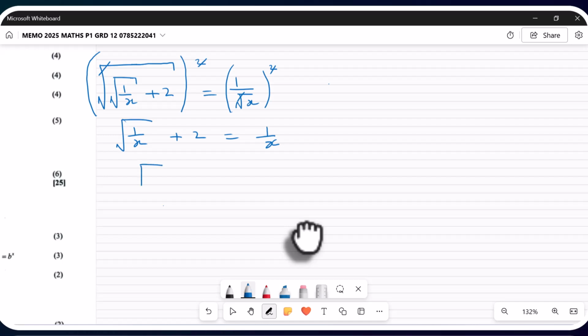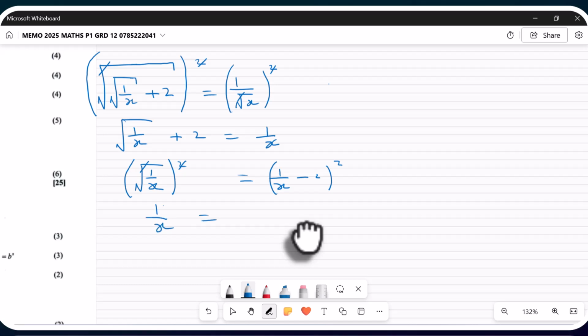So I square here, and also square this side. Now again I can cancel the root with the square, and I'm left with 1 over x. If I expand, I get 1 over x squared, minus 2 times 1 over x times 2, which makes it minus 4 over x, and then plus 4, that's 2 squared.